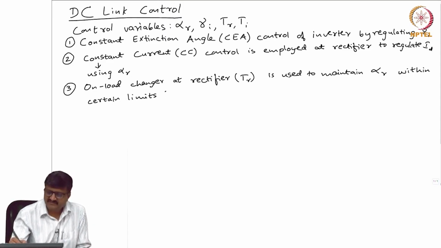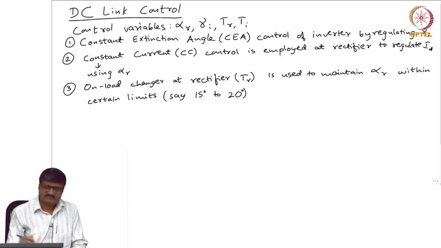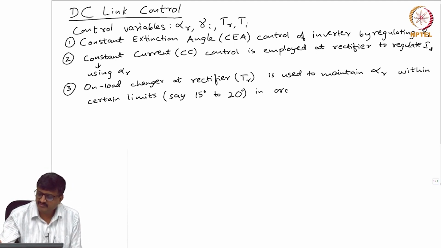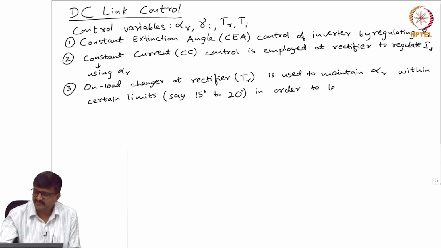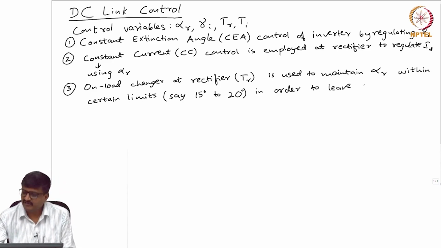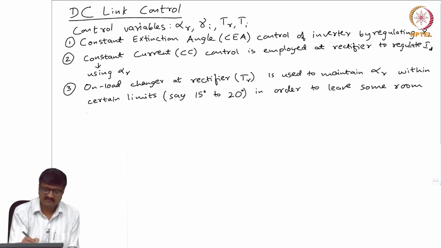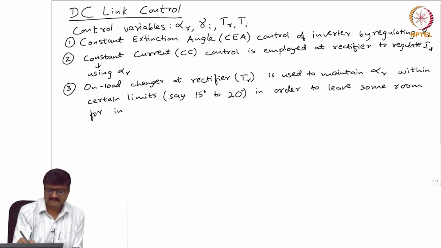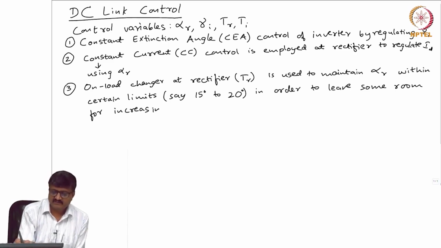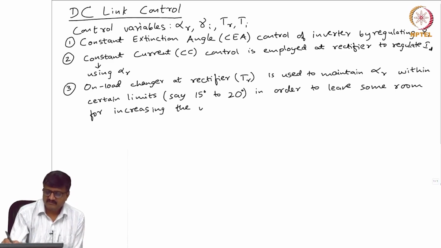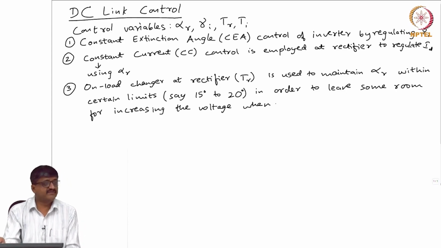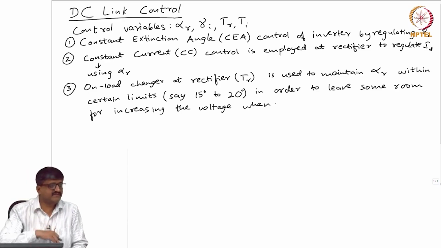These limits are, for example, 15 degrees to 20 degrees. This is done in order to leave some margin for increasing the voltage, when the AC system voltage for some reason comes down.